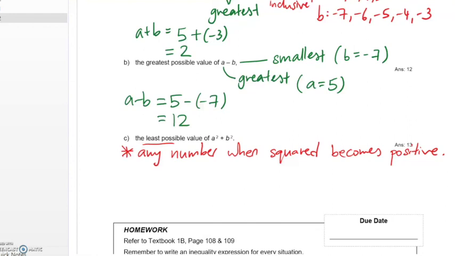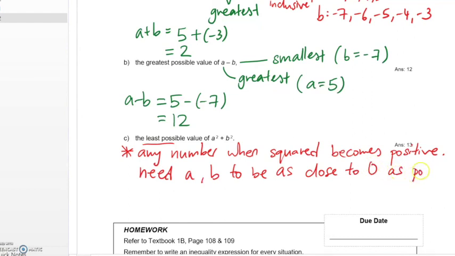So for A and B individually, we need them to be as small as possible and as close to 0 as possible. I need A and B to be as close to 0 as possible, so that when we square them, we get a smaller number, and when we add them, we get the smallest possible.